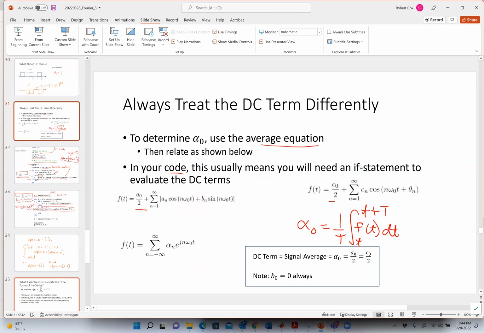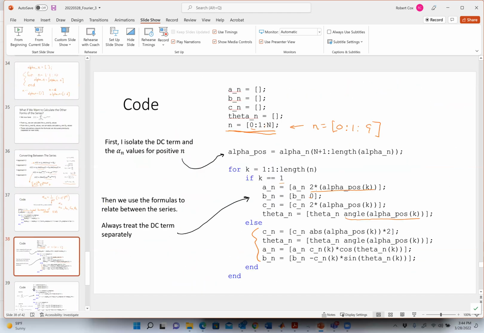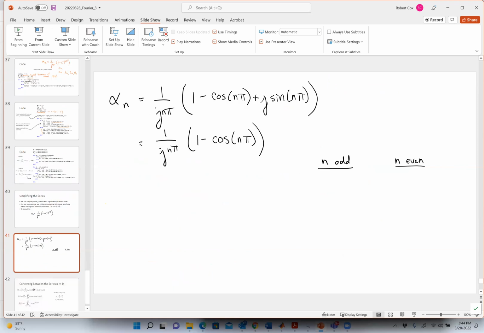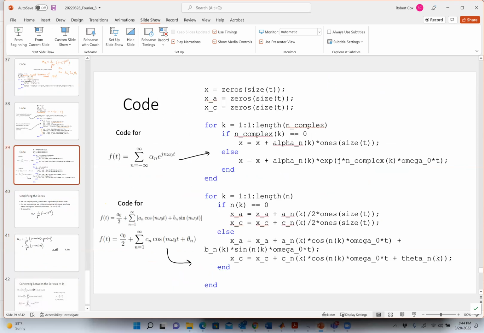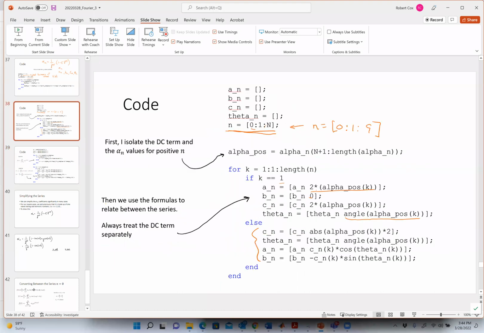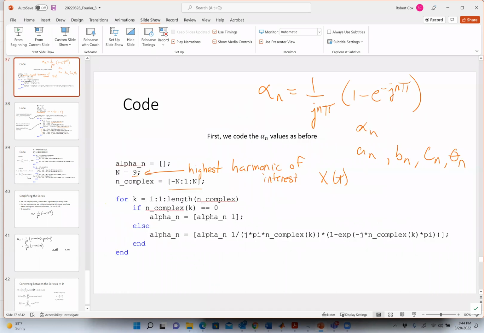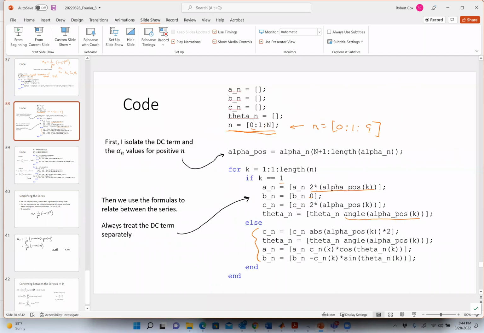Okay, so a lot of what you guys have on the homework this time is really going through and writing code like this. What I did here is I basically said, what I would typically do is get the alphas first, use the alphas to get the A, B, C, and theta.